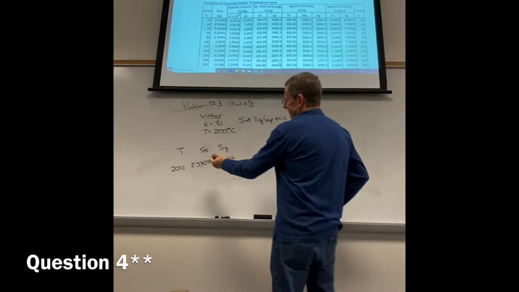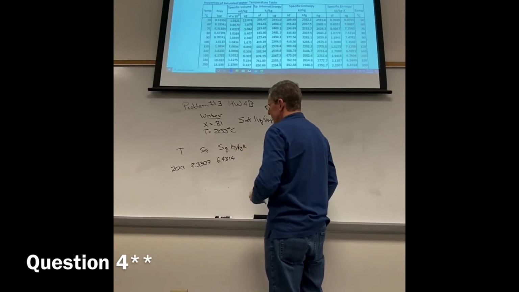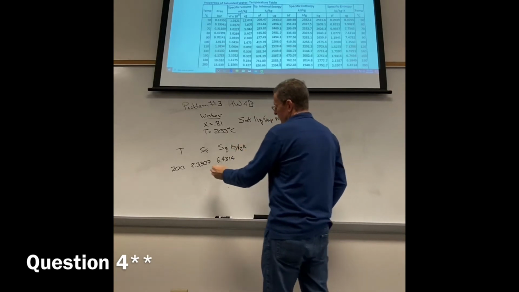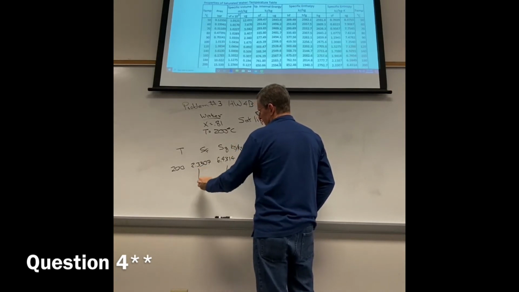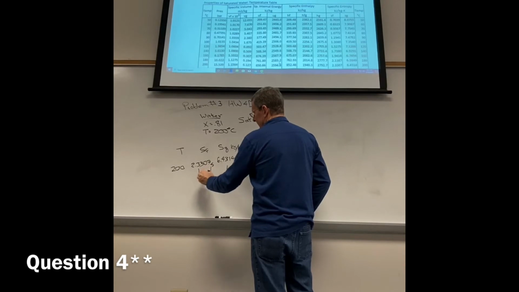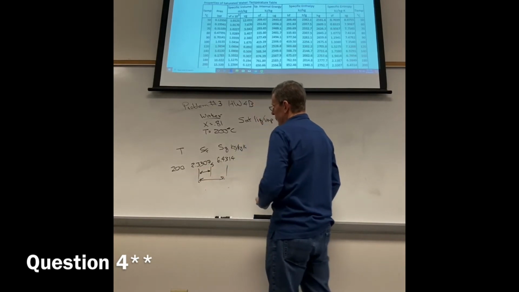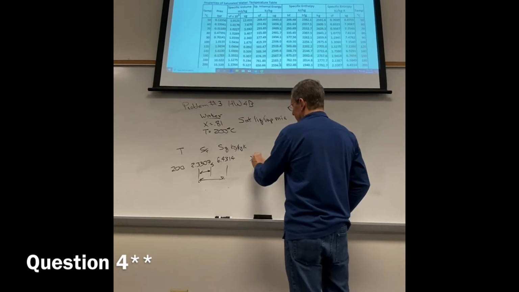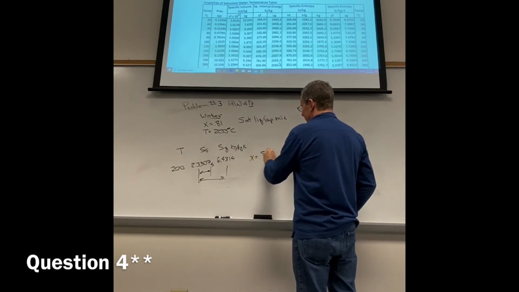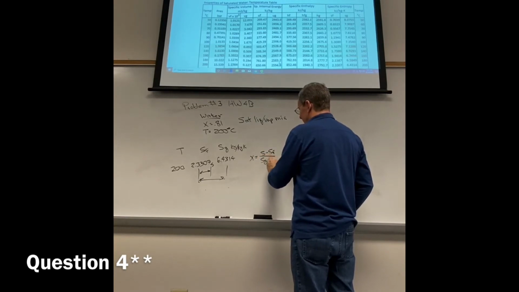So I have units of kilojoule per kilogram Kelvin. So now I know the quality. So this difference, and then there's some unknown S here, and it's going to be this difference over this difference is what the quality is. So the quality equals S minus SF over SG minus SF.